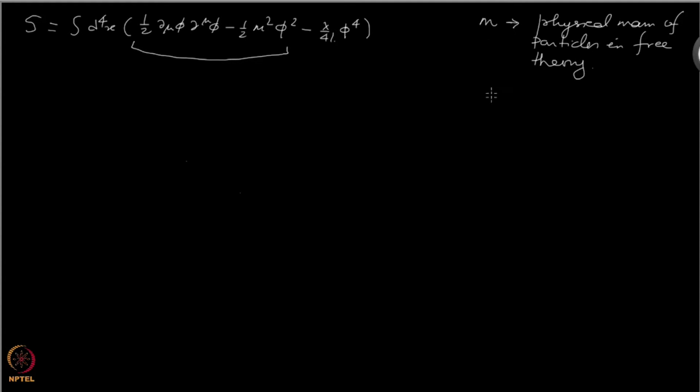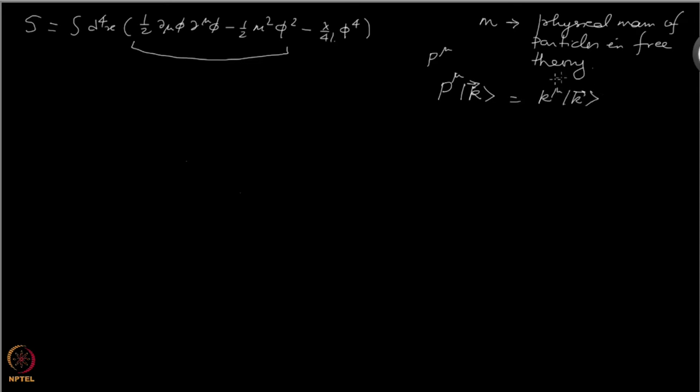We say that because we were able to construct states which were labeled by the eigenvalues of the momentum operator. You have seen that we can construct P mu, which is the charge of translation symmetry. So, if you act on the ket labeled by this vector k, then you get k mu times the ket.